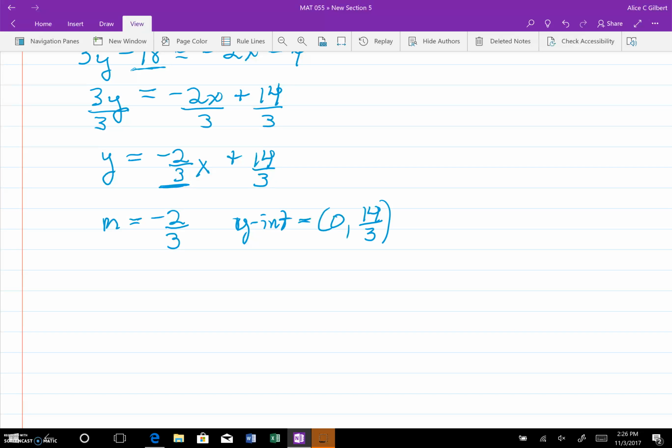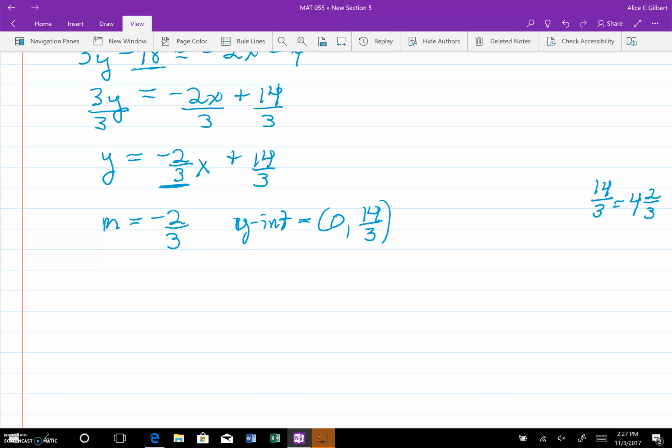Don't let the fractions freak you out. Remember, we just need to turn this into a mixed number. So 3 goes into 14 4 times. That's 12. So 2 left over, so that becomes our new numerator, and then the denominator always stays the same. So now we've got our slope is negative 2/3. Think about which way this line is going to go.